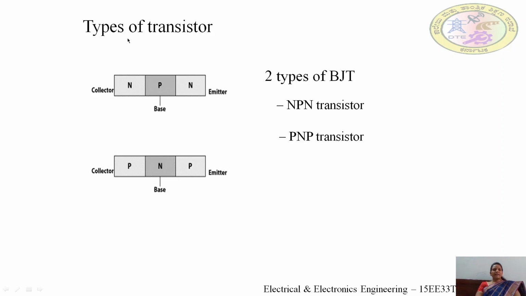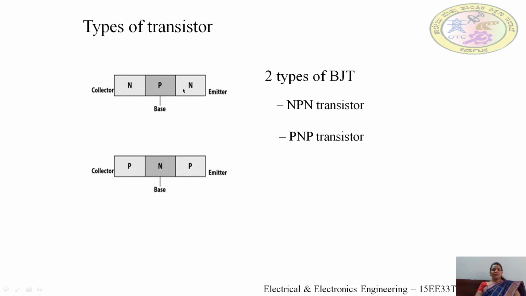Here you can see how two types of transistors, NPN and PNP transistors, are formed. In case of an NPN transistor, P-type material is sandwiched in between two N-type materials. In case of a PNP transistor, N-type material is sandwiched between two P-type materials.